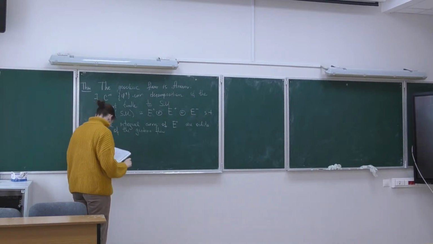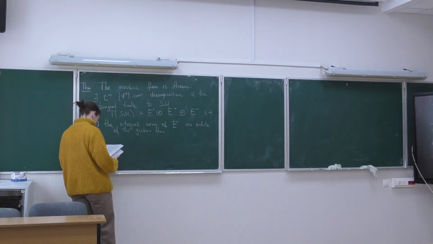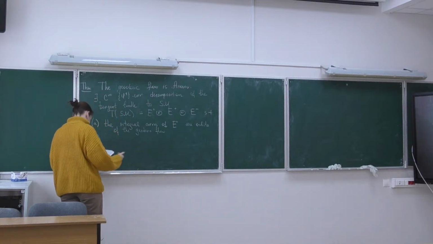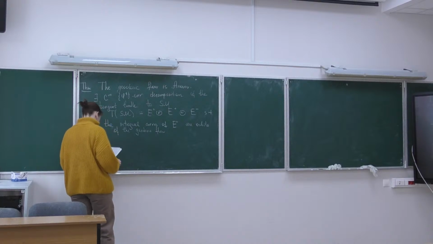Then E plus and E minus were stable and unstable, and their integral curves are called stable and unstable manifolds.